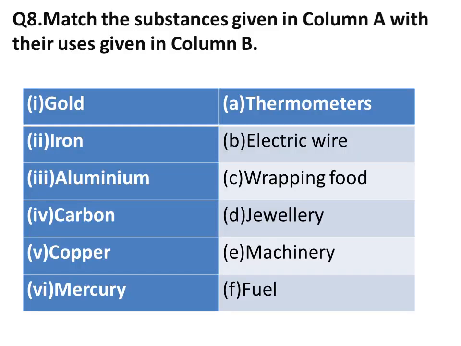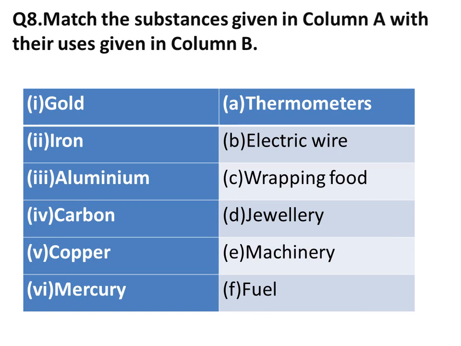Now we are going to discuss homework solutions of lecture 2 as well. Yesterday I gave you this question: match the substances given in column A with their uses given in column B. In column A you can see gold, iron, aluminium, carbon, copper and mercury. In column B you can see thermometers, electric wire, wrapping food, jewelry, machinery, fuel. So what will be the answers?